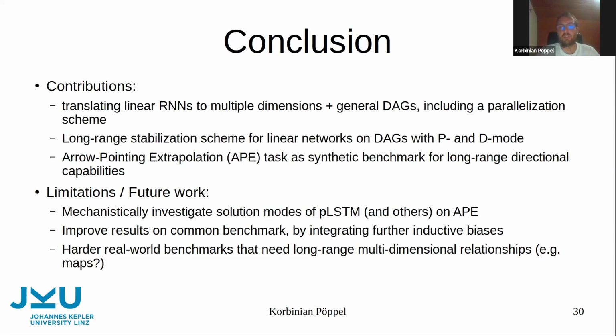So in particular, the propagation or P mode that has a direction, and the D mode that is called distribution mode because it has a full receptive field still. And we propose this arrow pointing extrapolation task as a synthetic benchmark for long-range directional capabilities, especially focused on generalization for extrapolation.